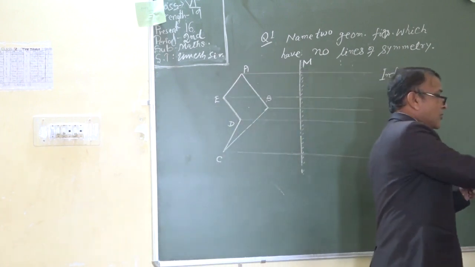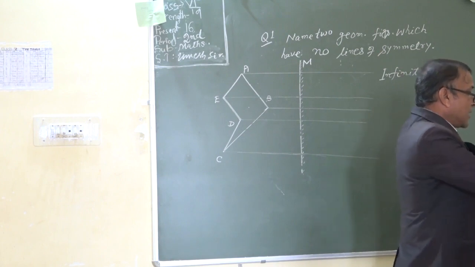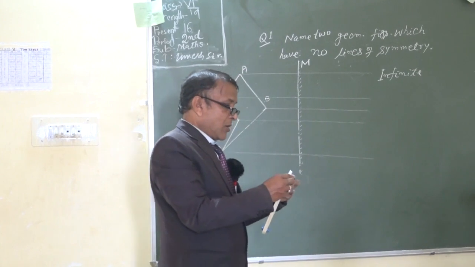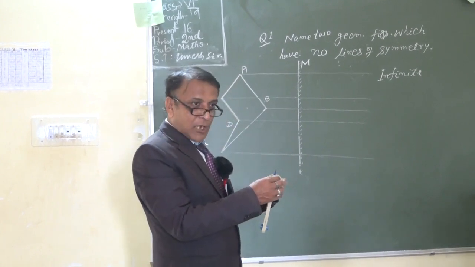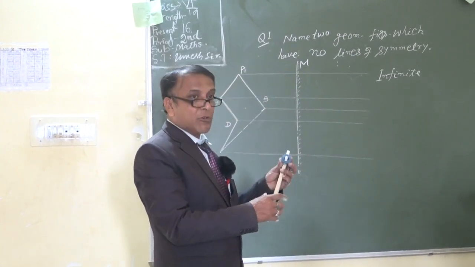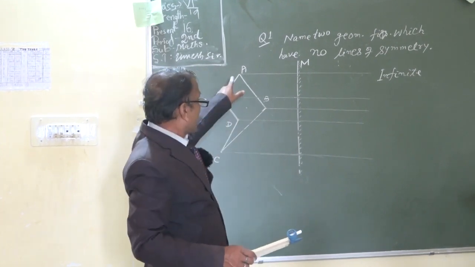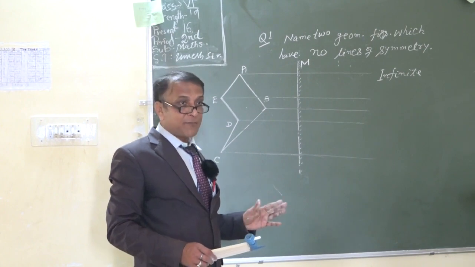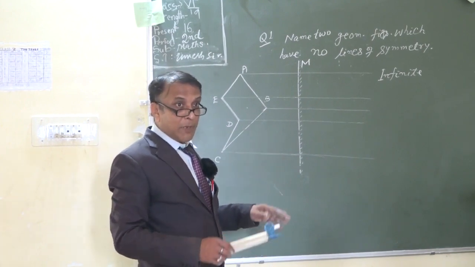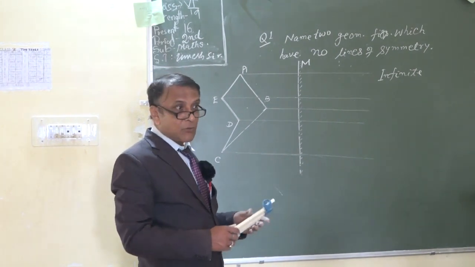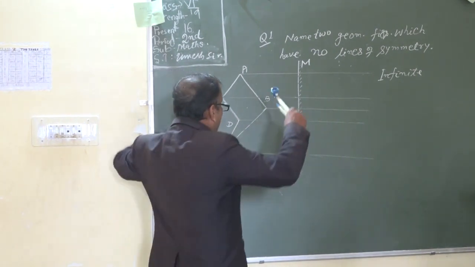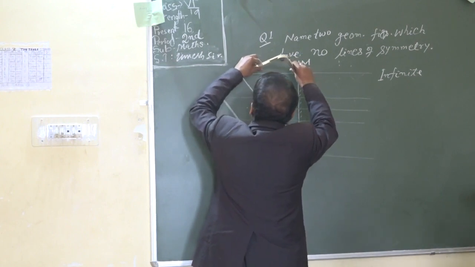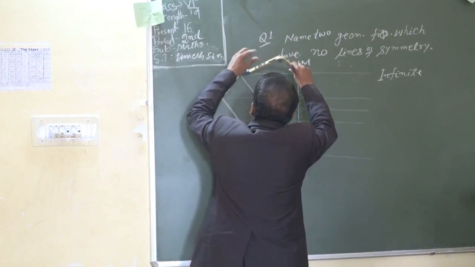Now what you will do? As I said, remember what you will do? By your rounder, you see your given point is at how much distance from the mirror. Point A, I see, is this much distance from the mirror.